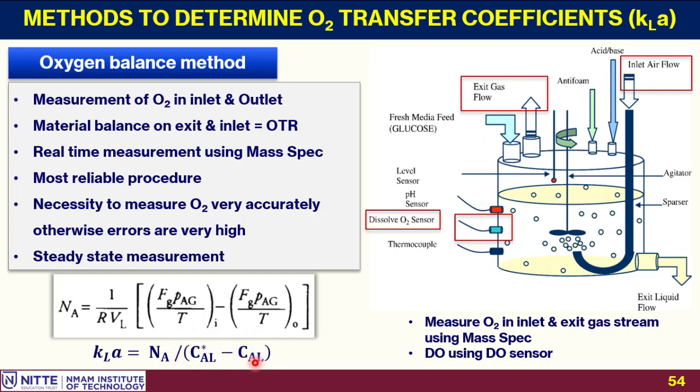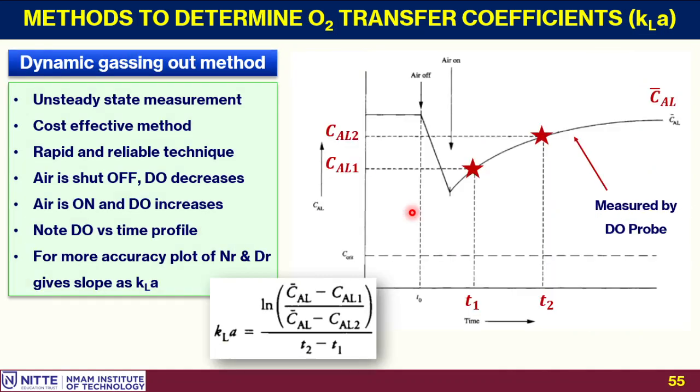But the actual oxygen concentration in the bulk I also want. For that, dissolved oxygen sensors are used. The DO sensor gives you a real-time reading of the C value. So given Na, the C value here, and C star from the data book, you can calculate KLA. So this is one reliable method, but it takes more instrumentation and values.